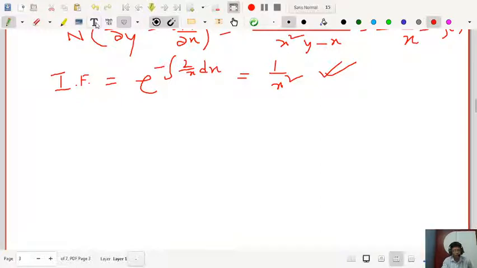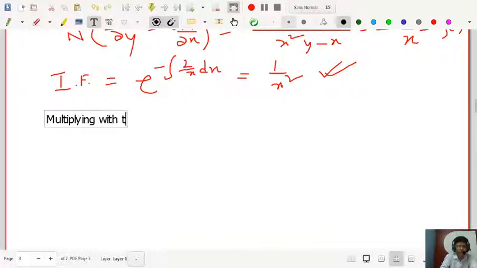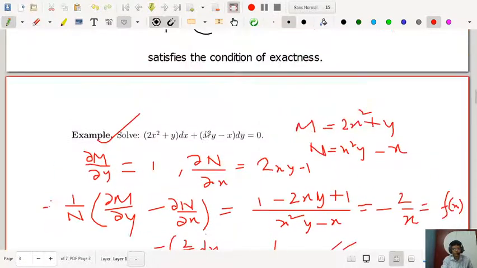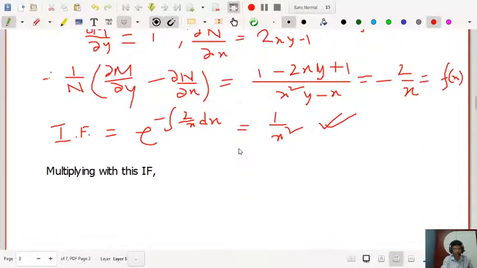So you have to write that statement here, that multiplying with this integrating factor, you are multiplying with 1/x². Look at that.